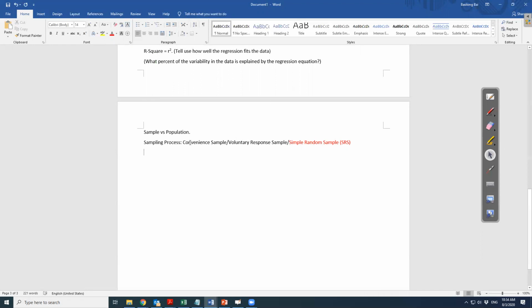The other two sampling methods: convenience is easy for the researcher to get the data. And voluntary response sample is where the participants voluntarily join the study, right? So these are not really random samples. They're not being randomly picked, right? So that could have a higher chance of introducing bias. You always want to have a random sample.